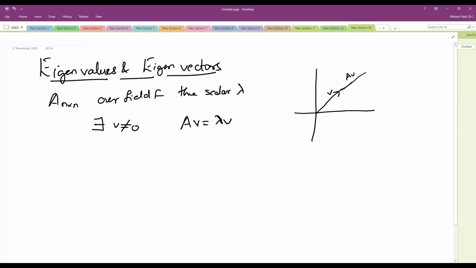It might scale it up or scale it down depending on the value of lambda, and a positive or negative lambda will accordingly change the direction. But the vector itself will remain the same; it will only be stretched by the factor of lambda.